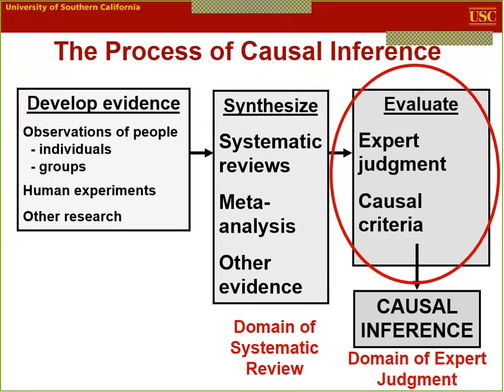And then on to evaluation of the evidence, and this is where these causal criteria, guidelines, whatever we want to call them, play in. This very much has been and will remain for now the domain of expert judgment. There are alternatives and complementary approaches proposed, Bayesian analyses of various sorts that join different lines of evidence.